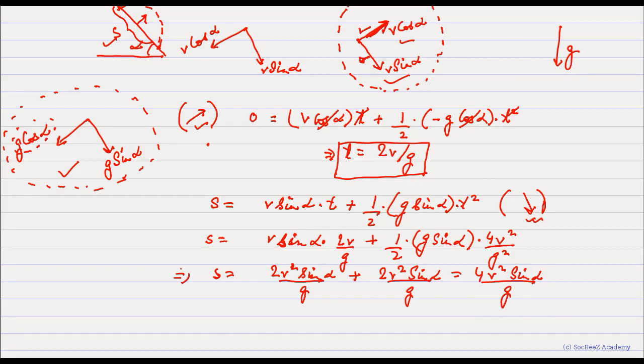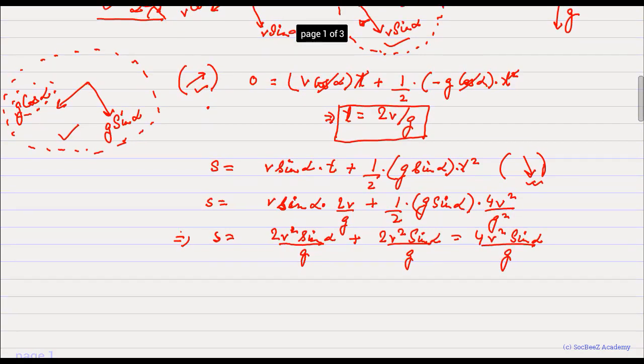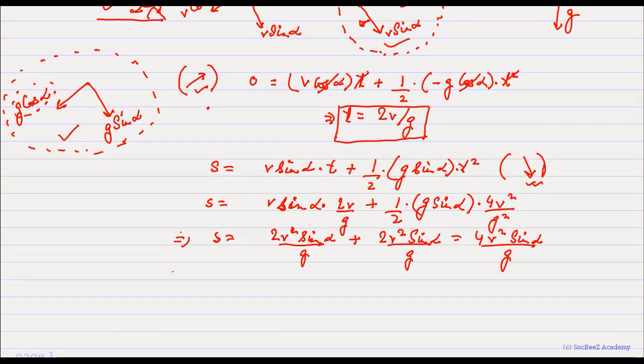Now I know that v is equal to root 2gh, right? So v square is going to be nothing else but 2gh. Okay, so s turns out to be, if I put in v square as 2gh, 4 into 2gh into sine of alpha by g, I get g cancelled.